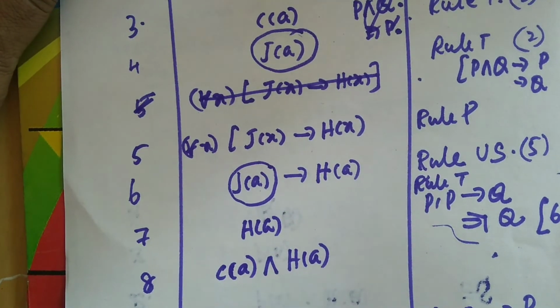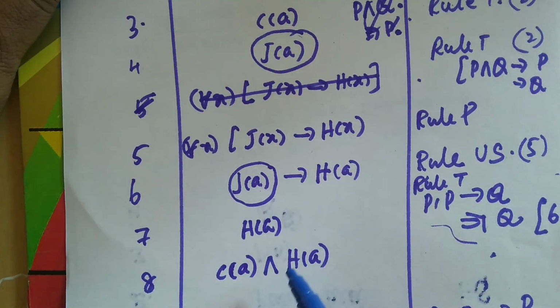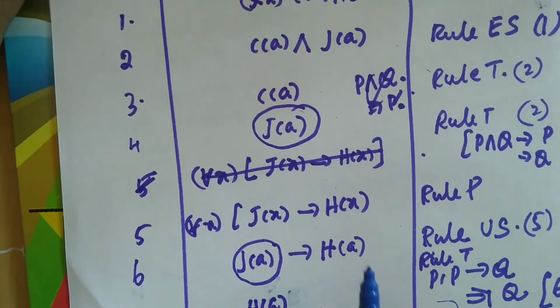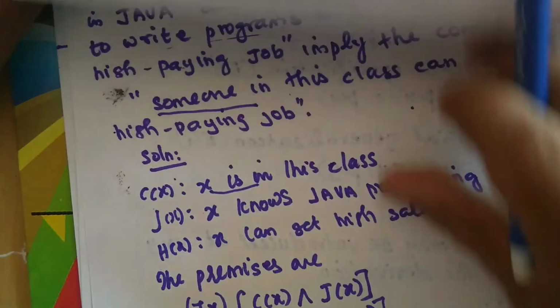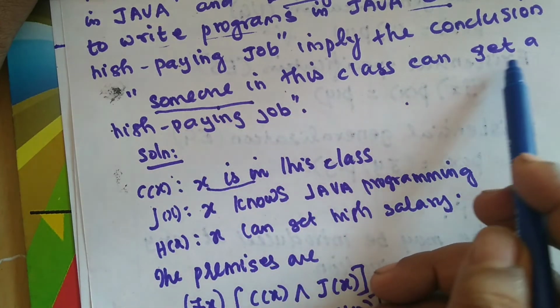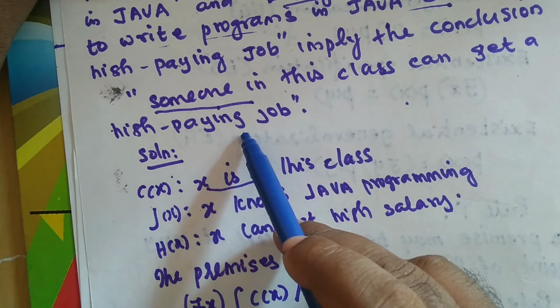So how will we know to take the C of A or H of A? Because what is our conclusion? Our conclusion says someone in the class can get a high salary.